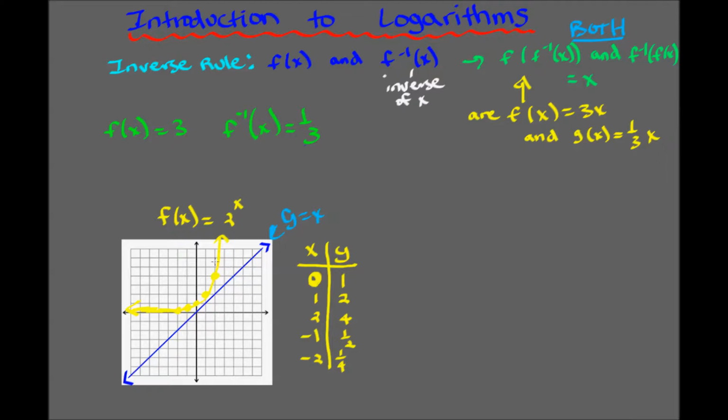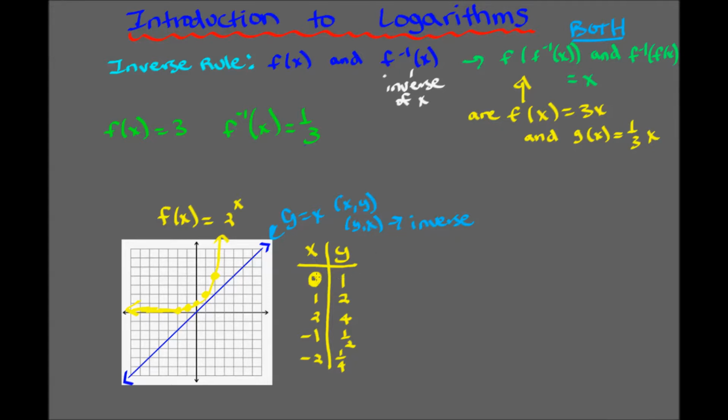The way you find the new points for the inverse is you switch the x and y coordinates. So if (x, y) is on the function, then (y, x) is on the inverse function.